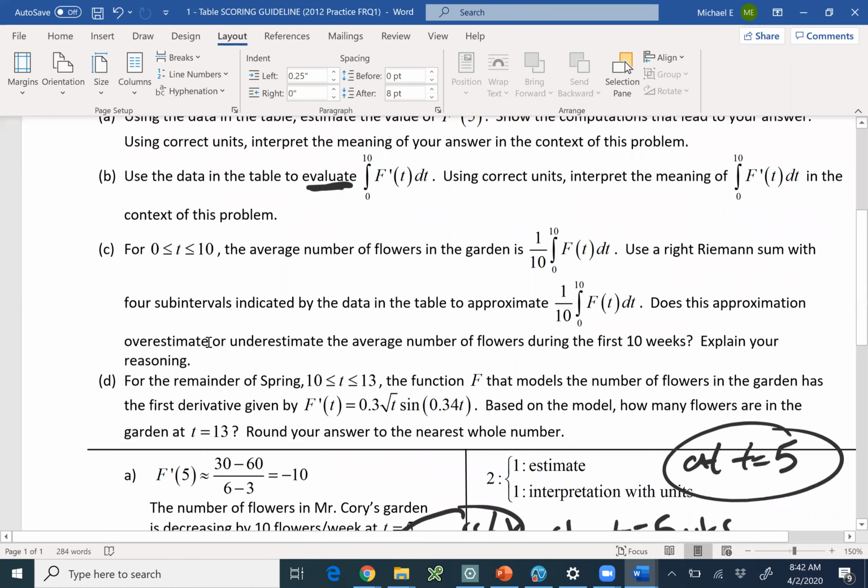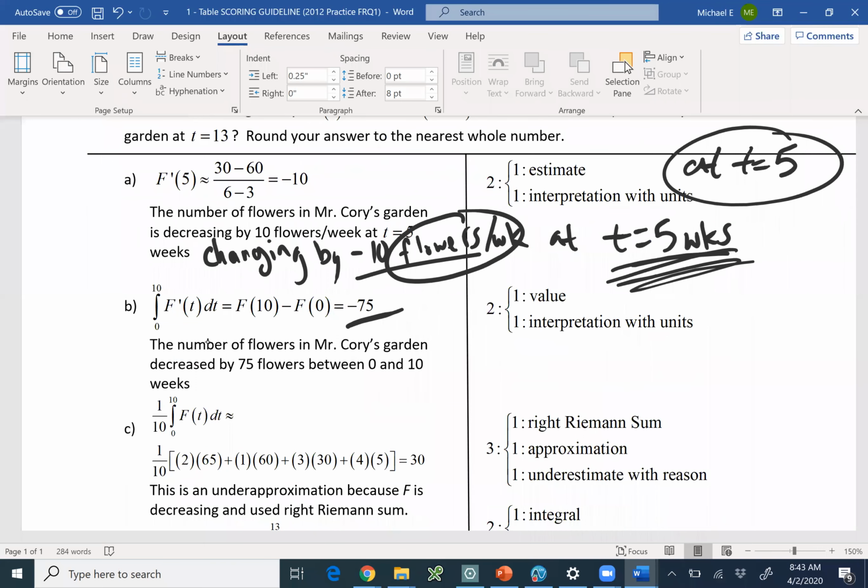And then the interpretation on this, we need to remember that the integral means the change, right? So the integral of the rate is essentially the change in whatever, when we go up that table. So integral of rate is amount.